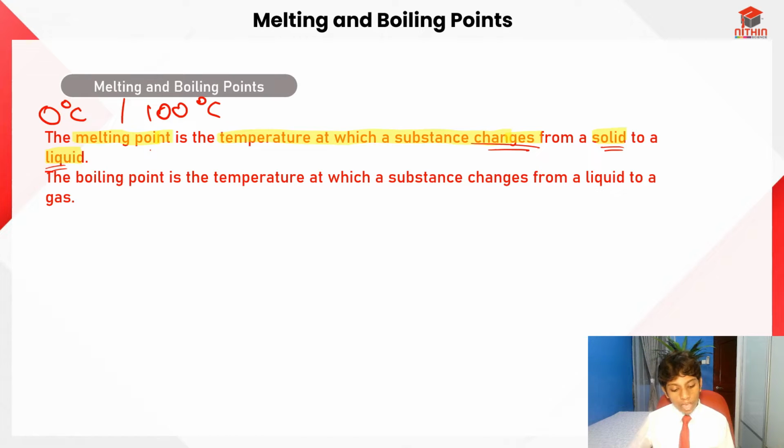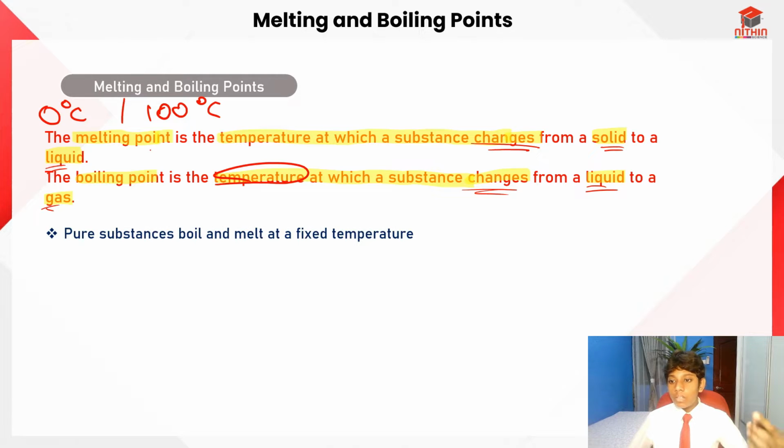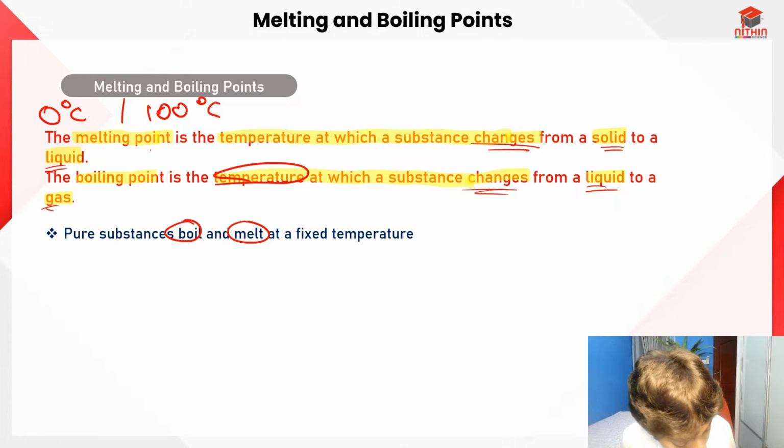So let's take a look at the definition for boiling point now. The boiling point is the temperature at which a substance changes from a liquid to a gas. You need to know one important thing right now: pure substances boil and melt at a fixed temperature.